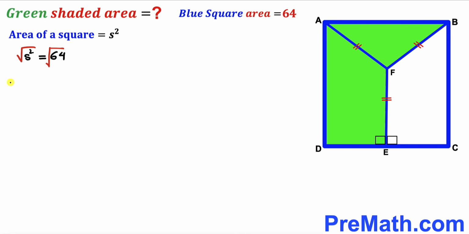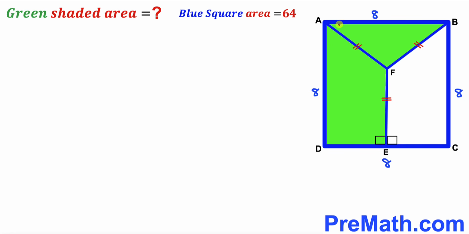So the side length s of this blue square is going to be positive 8 units. So this side length is going to be 8 units, and since all the side lengths of the square are equal, this side length is going to be 8, 8 and 8 across the board.